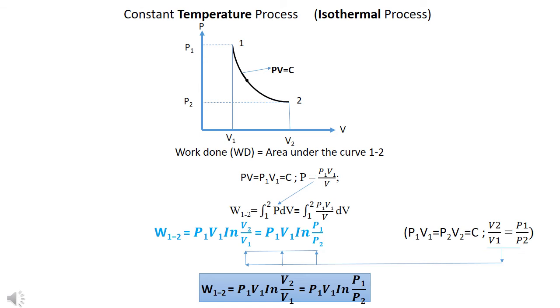Hence work done for the isothermal process is given by P1 V1 into ln of V2 by V1, or P1 V1 ln of P1 by P2.